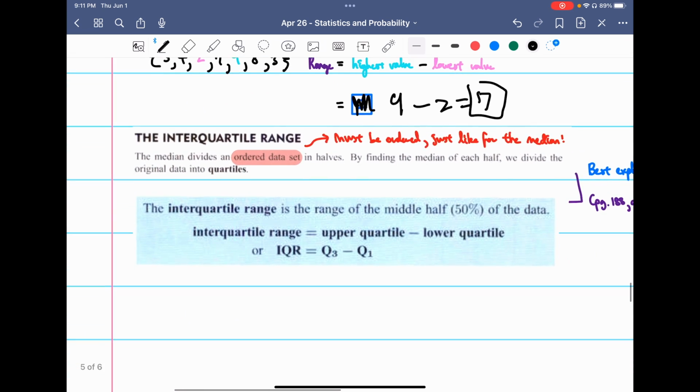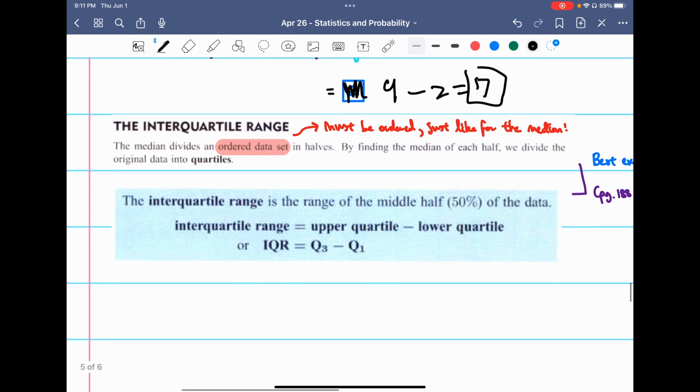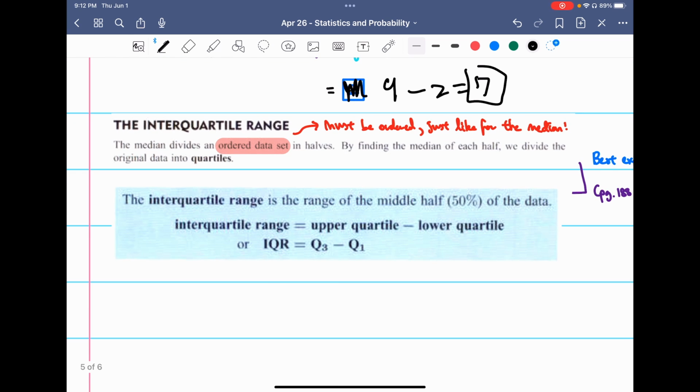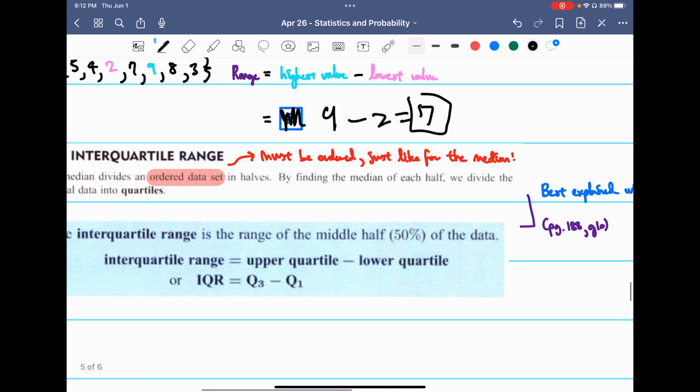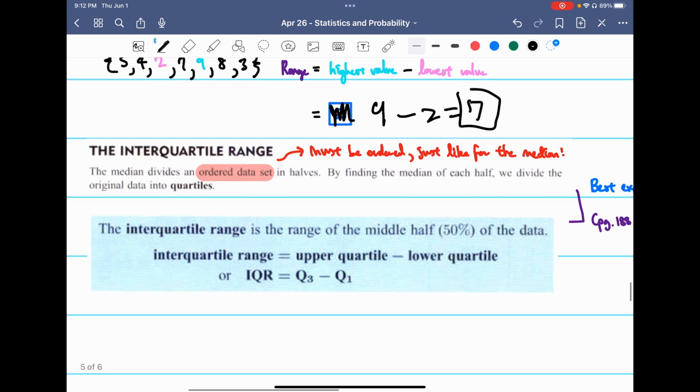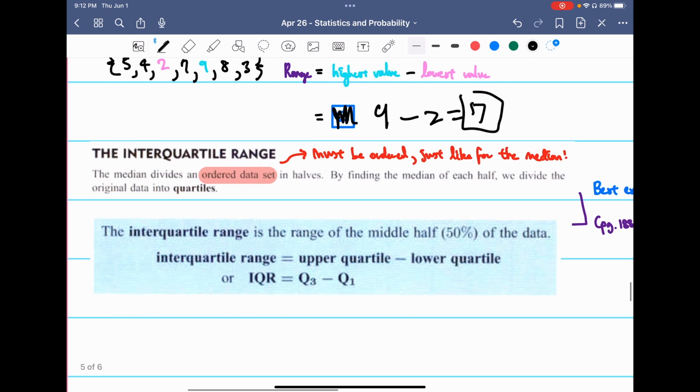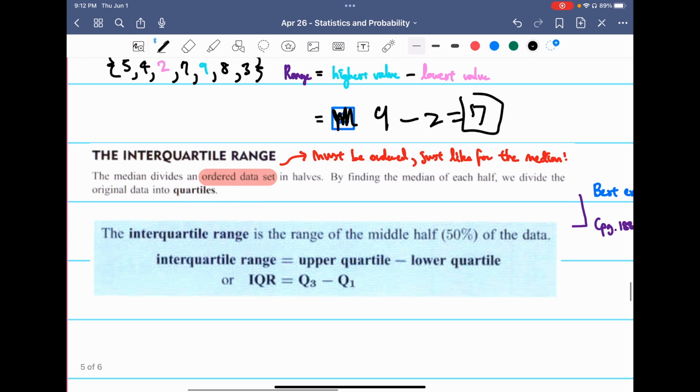And then we have the interquartile range, where the median divides an ordered set in halves. By finding the median of each half, we divide the original data into quartiles. So, as my friend wrote in red, the data must be ordered just like for the median. Yes.